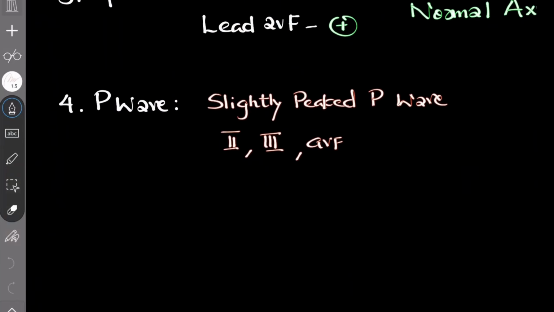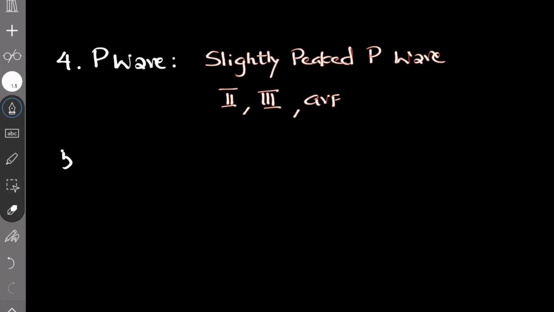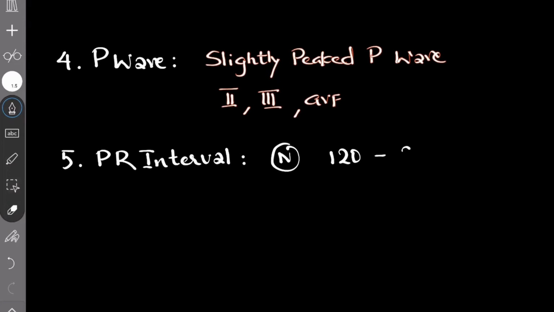Next, after the P wave, we'll discuss the PR interval. The normal PR interval is 120 to 200 milliseconds, as we all know.